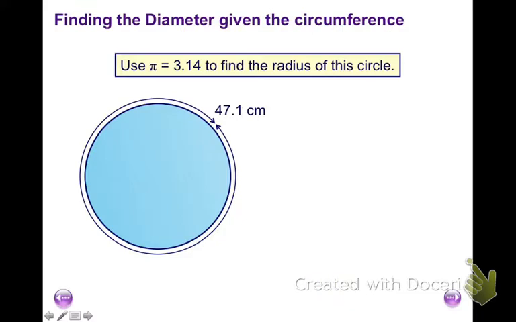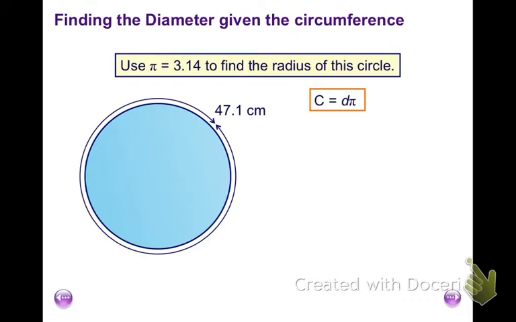Okay, this time finding the diameter given the circumference. So it says use pi to find the radius of the circle, but I think they're wanting us to find the diameter, so actually this should be just to be consistent, okay? So this is what we're going to do. So we're going to start with the formula that relates pi times diameter.